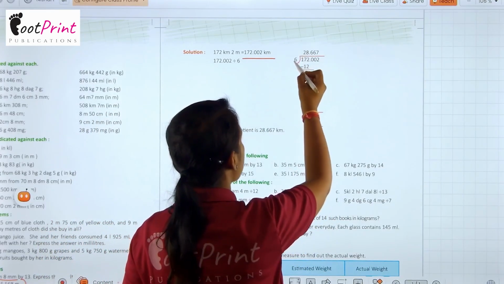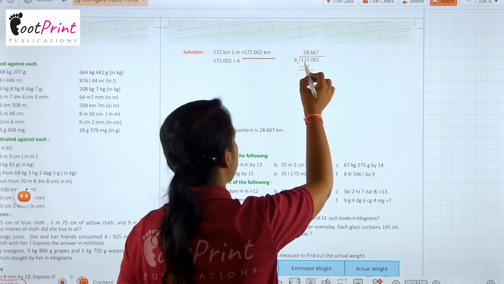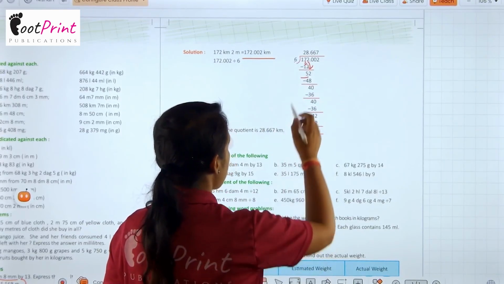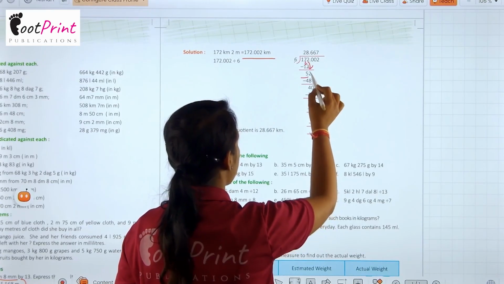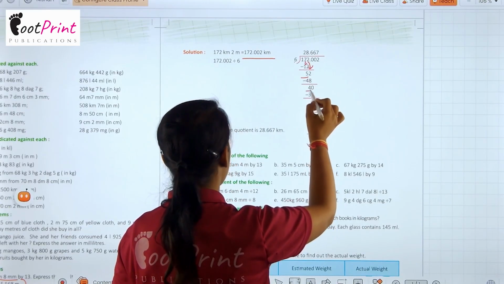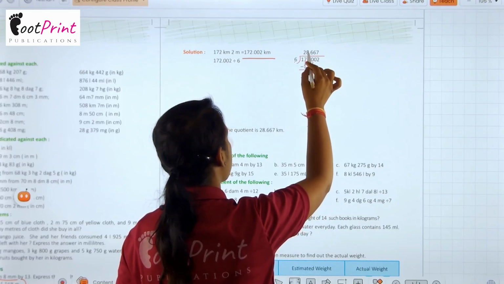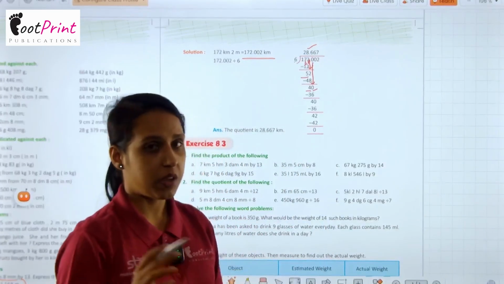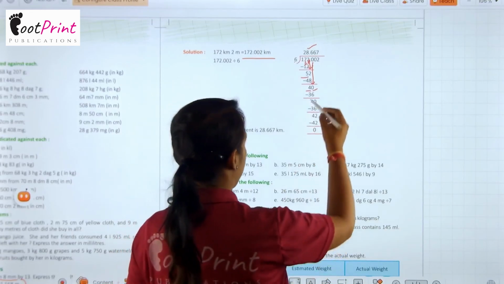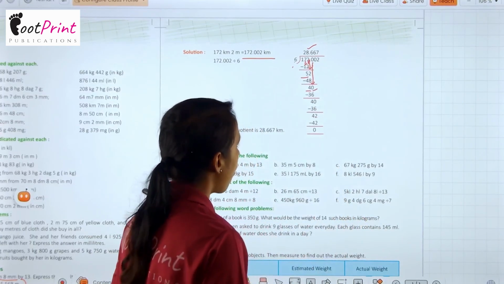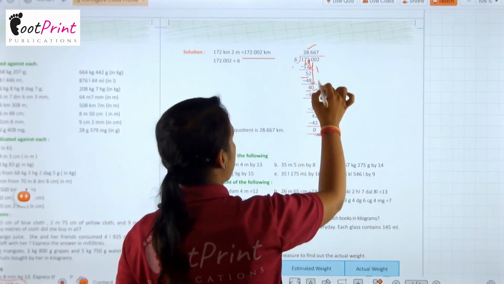So here we have 6 2s are 12 and after subtracting it we get 5 and carry out 2 here. Okay. So 6 8s are 48. Now after subtracting it we get 4 and bring down 0, and we learn that here decimal is given. So we put decimal into quotient also. Okay. We have 6 6s are 36. Now again we have 4 and we bring down 0 here.